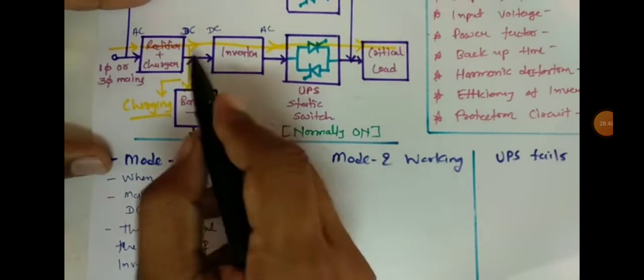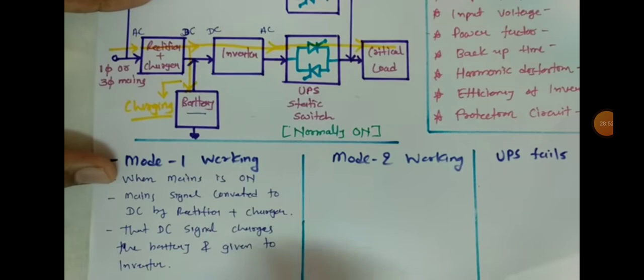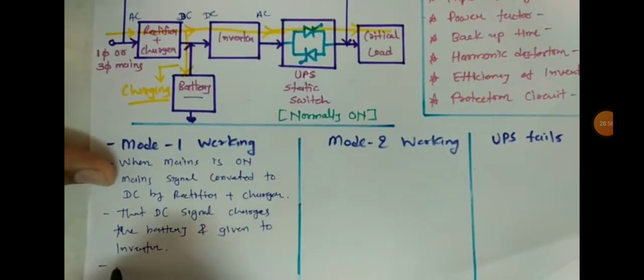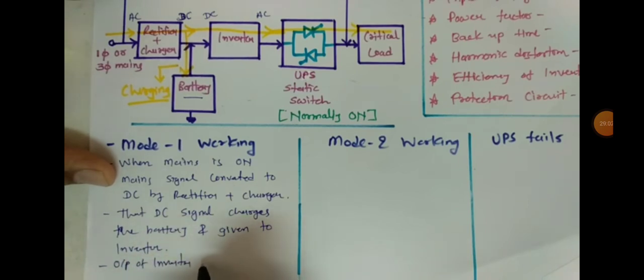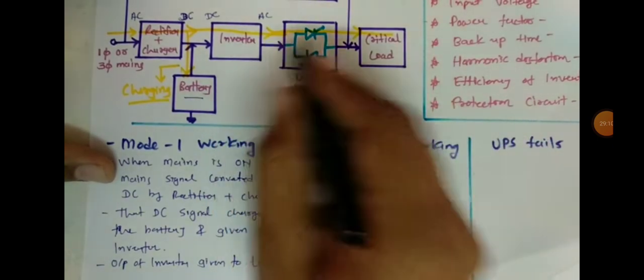So this mains signal is charging the battery as well as given to the inverter, and the output of the inverter is given to the load. Why is the output of the inverter given to the load?